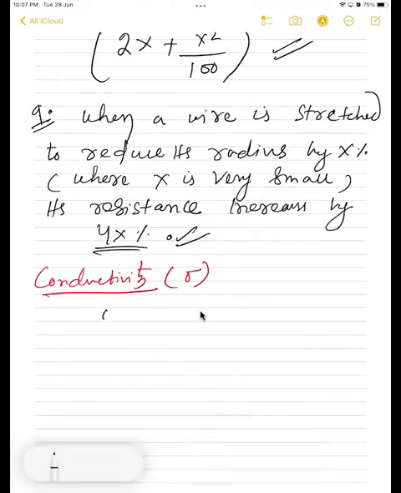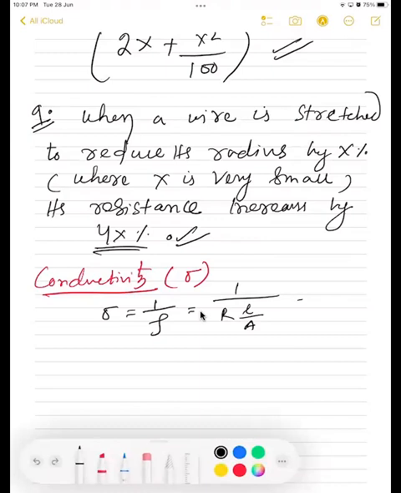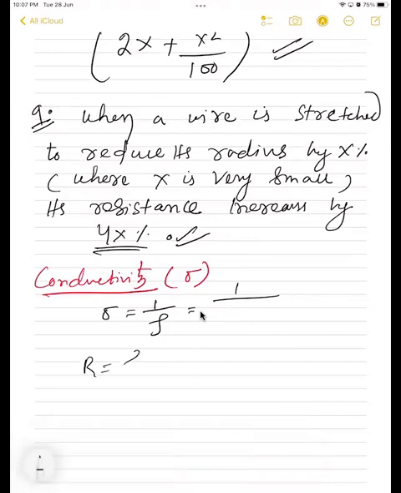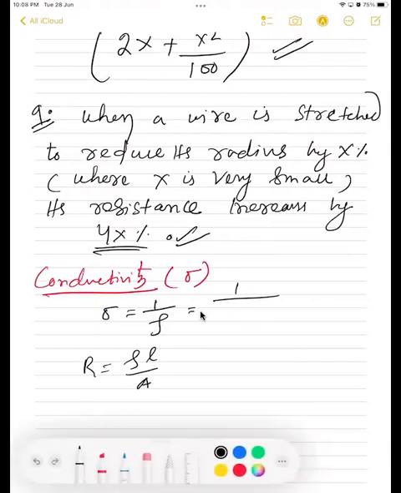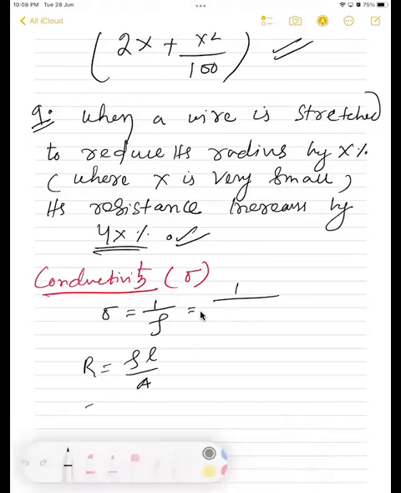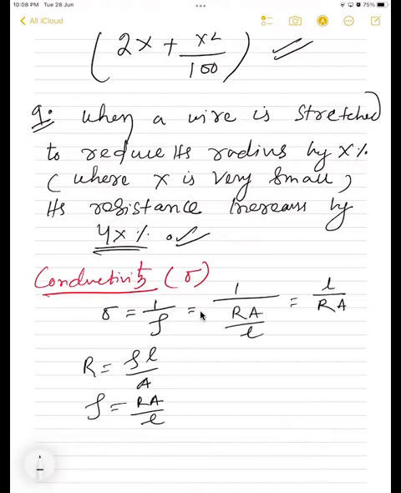So sigma is equal to 1 by rho. Sorry, one minute. R is equal to rho L by A, so rho is equal to R A by L, and sigma is 1 by rho, which is L by R A.